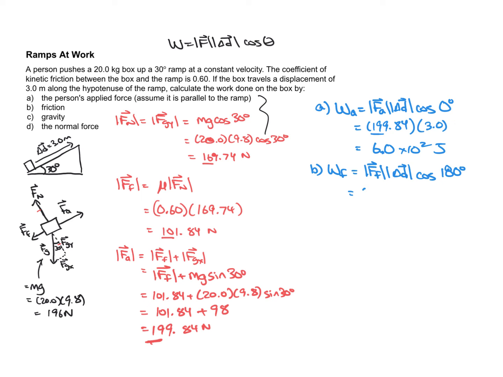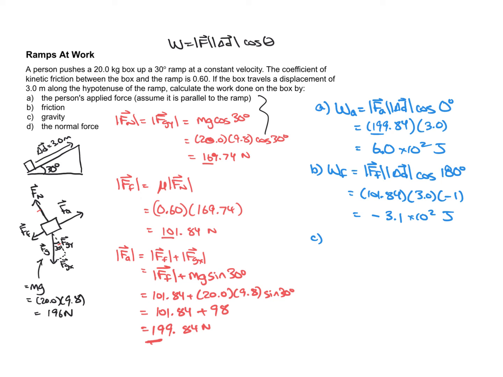So subbing in numbers, that'll be 101.84 multiplied by the displacement of 3, and cosine of 180 is -1. Okay, calculate that. Giving me -305, so -3.1 times 10 squared joules.